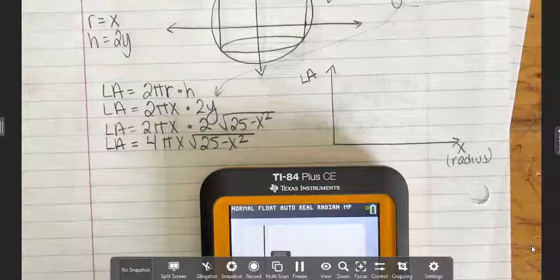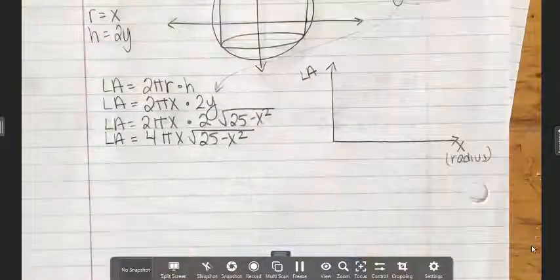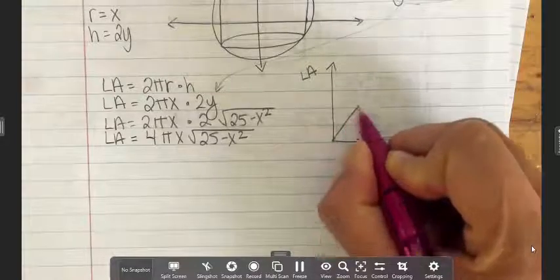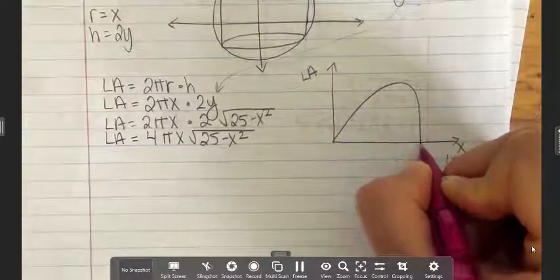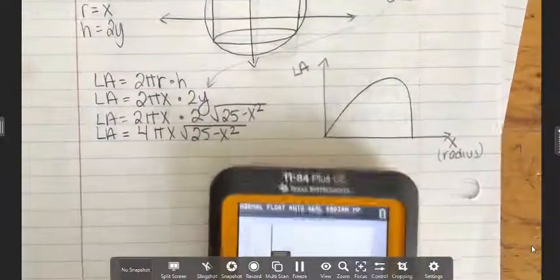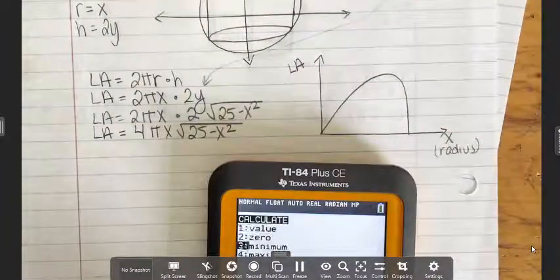Let's see if my window's good. Oh, my window's pretty good. Okay, so I have something that looks something like this. I want to figure out where my maximum is, so I'm going to calculate my max.